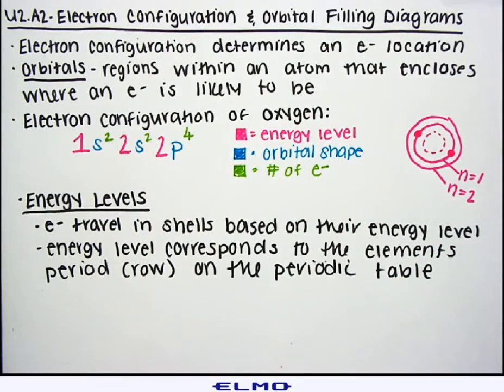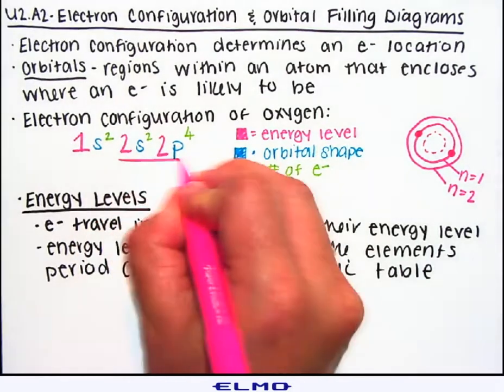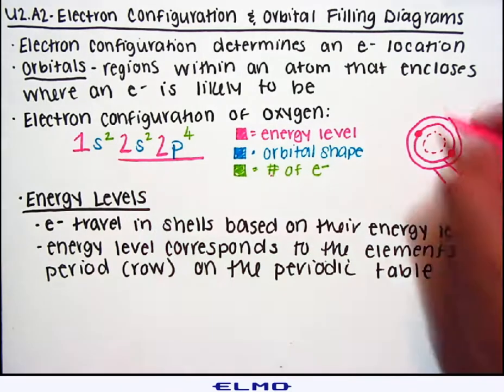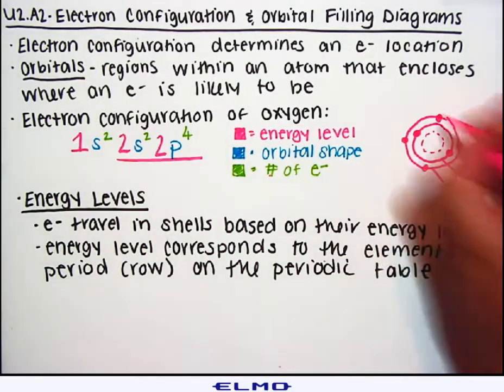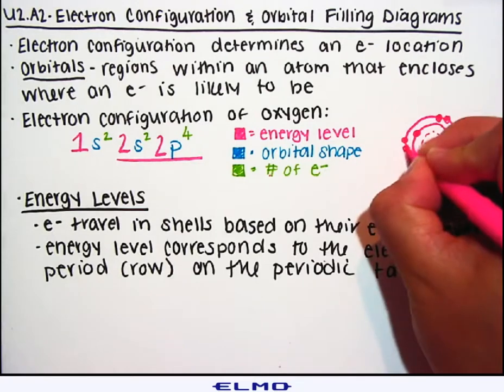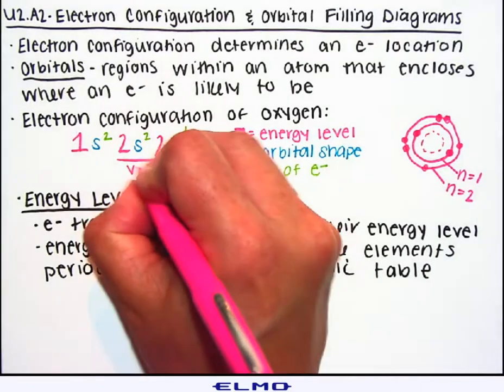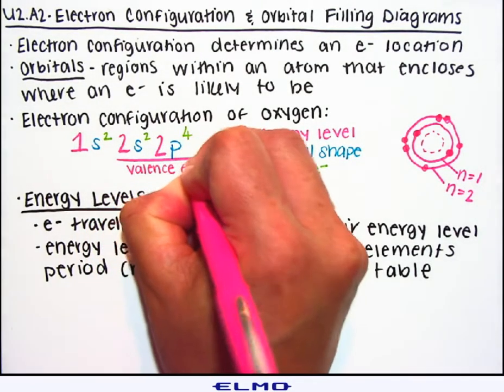So let's look back at our model on our electron configuration. So if this is oxygen, again, green is the number of electrons, so I would have a total of 6 electrons in my second energy level. 1, 2, 3, 4, 5, 6. We call the electrons in the outermost energy level valence electrons.